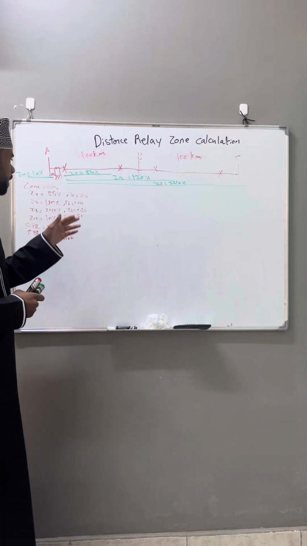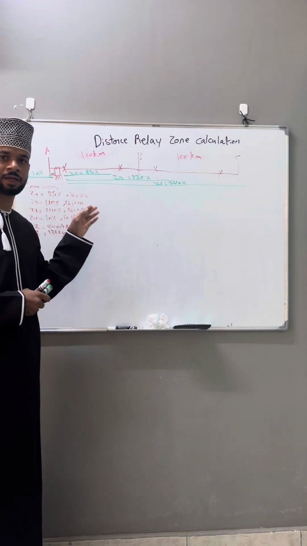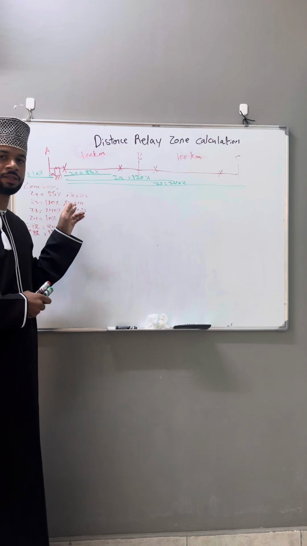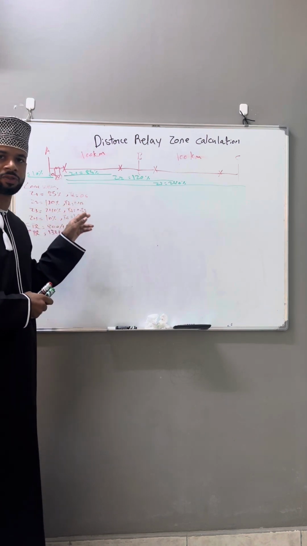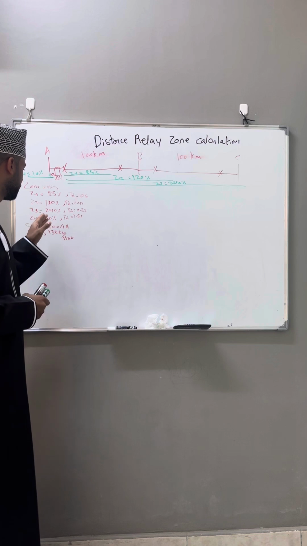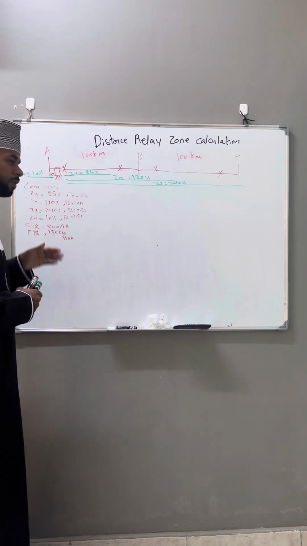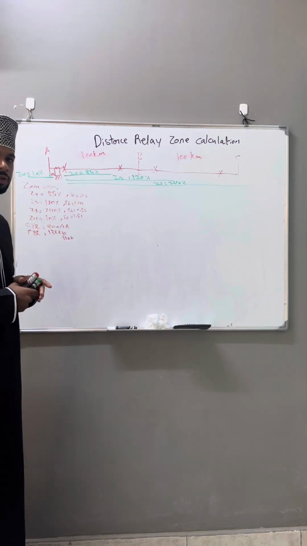So the settings we have are: zone 1 protects 85% with instantaneous time delay. Zone 2, 120% with time delay 0.4 second. Zone 3, 240% with time delay 0.8 second. And zone 4, 10% with time delay 1.5 second. Also we have two important parameters, as we discussed: CT ratio and VT ratio.